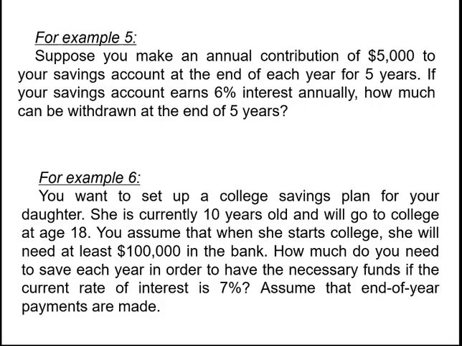Now, the daughter is currently 10 years old, and when she goes to college at 18, that means 8 periods. We have cash flows which has 8 periods.